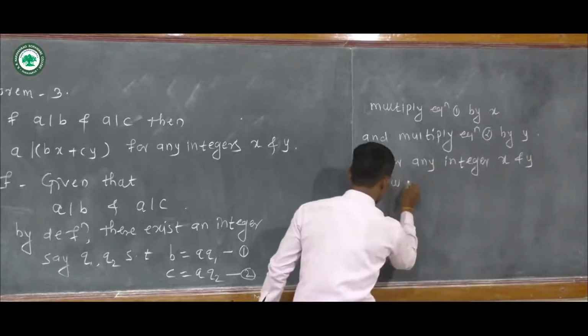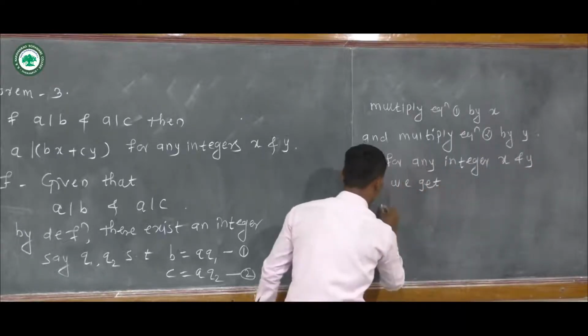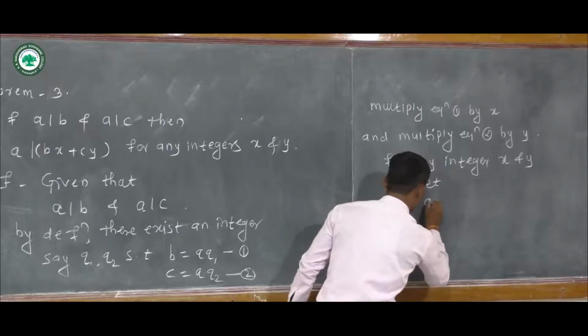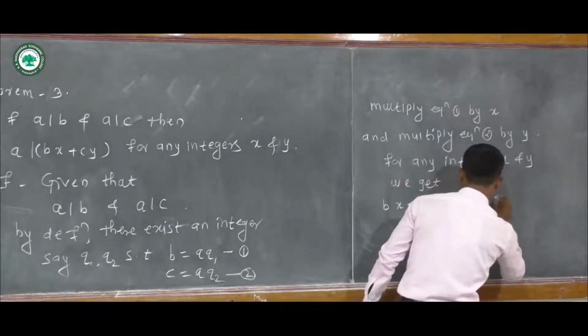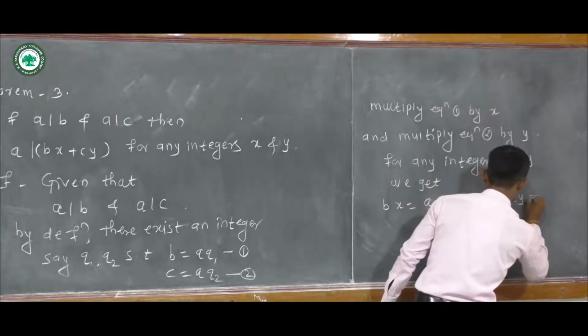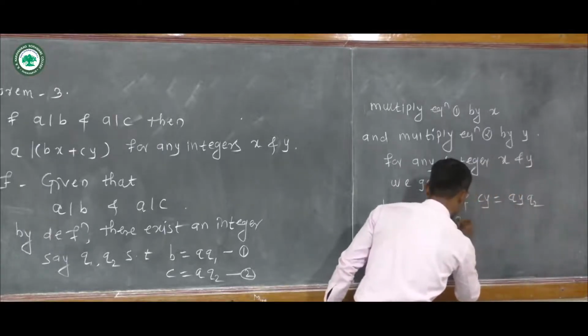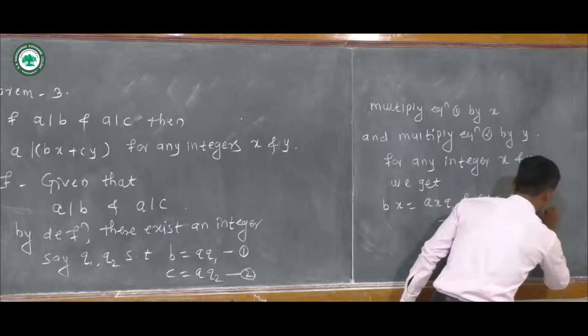We get bx is equal to a into x into q1 and cy is equal to a into y into q2. Say equation number 3 and equation number 4.